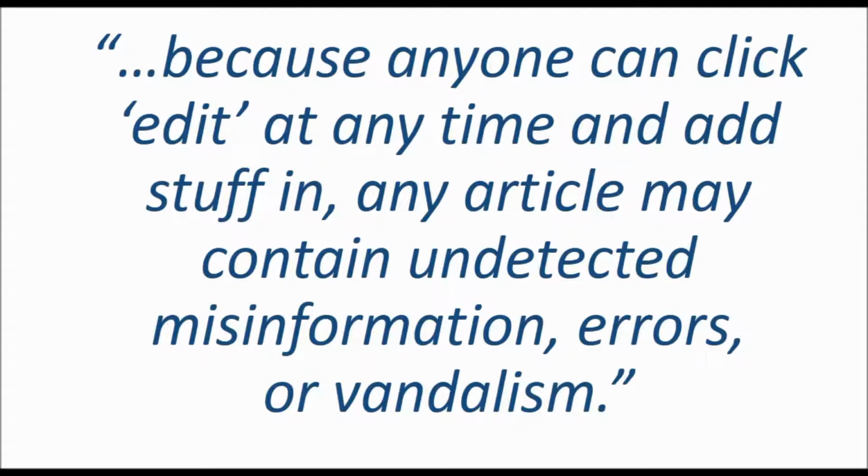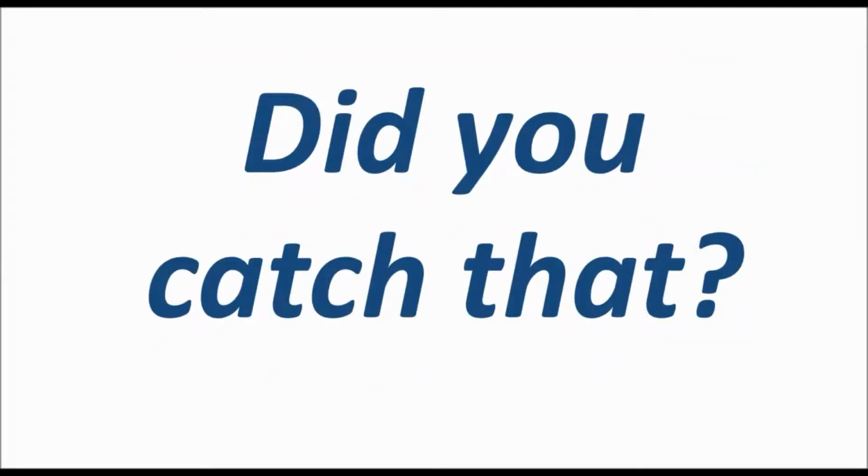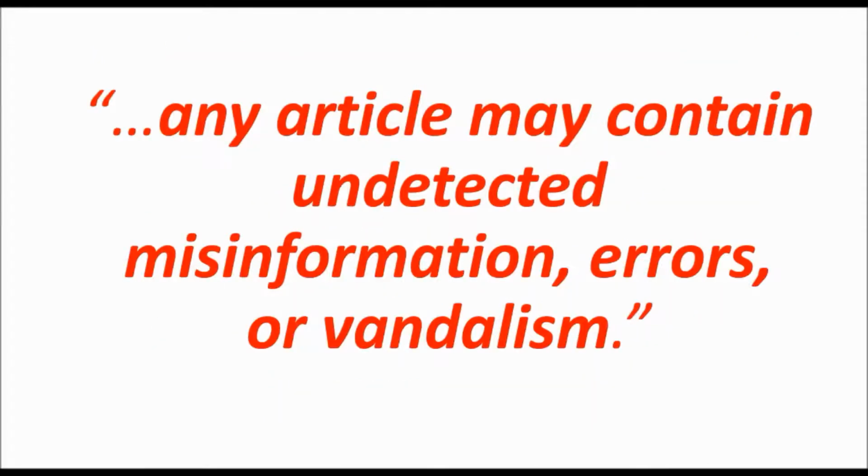They tell us that because anyone can click edit at any time and add stuff in, any article may contain undetected misinformation, errors, or vandalism. Whoa! Did you catch that? Any article may contain undetected misinformation, errors, or vandalism? Seriously? Is that what you want to do your research on? A website that contains undetected misinformation, errors, or vandalism?